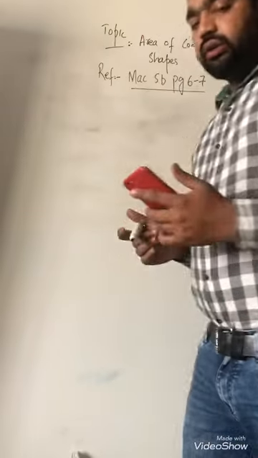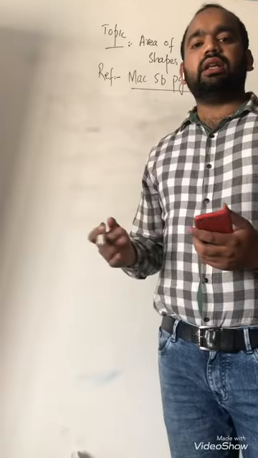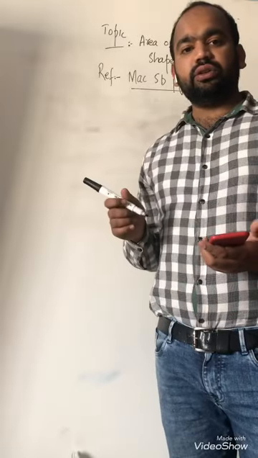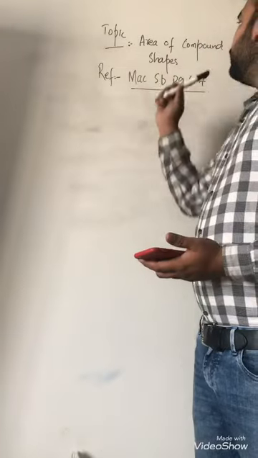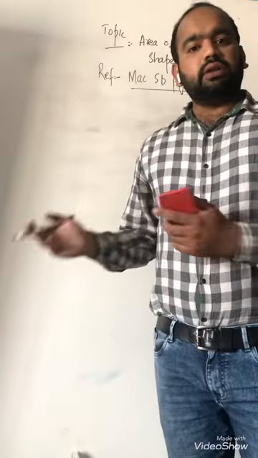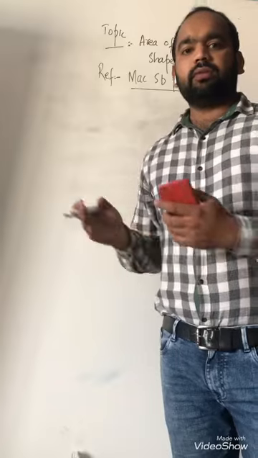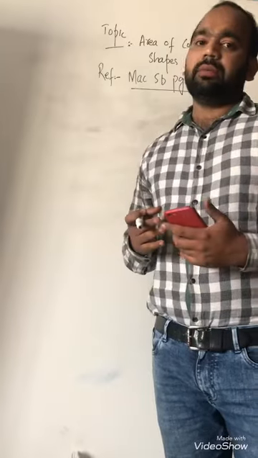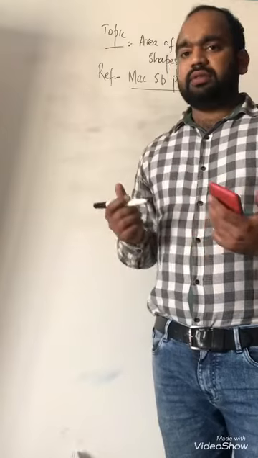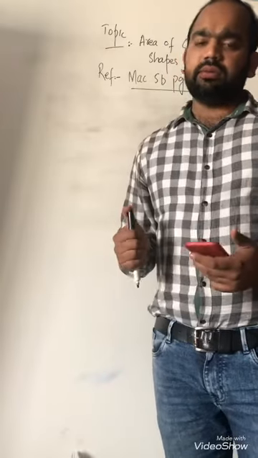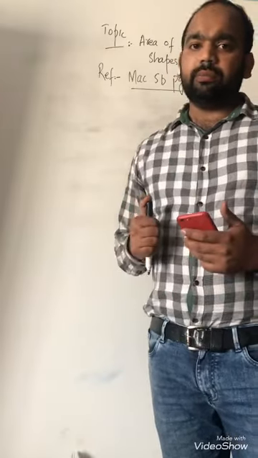Okay. So nowadays a new chapter is given to you online, that is area of compound shapes, right? Further topics will also be elaborated to you afterwards, but I am seeing that a few students are facing problems in calculating the area of compound shapes.